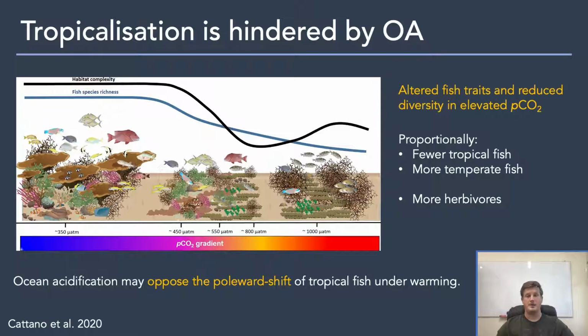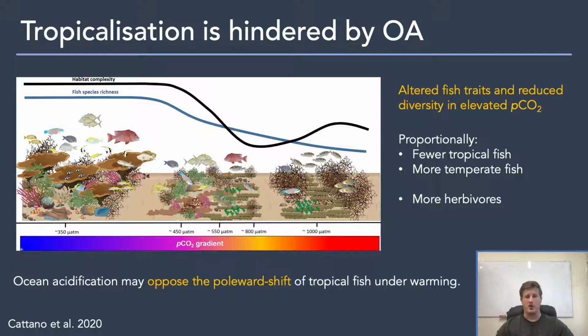Now, one of the other consequences of this change within the habitat was the associated fish communities. So along with some other work, we assessed how the fish communities would change over the pCO2 gradient, and overall we found that there was a reduction in the diversity of fish as well as their traits, and that this was predominantly associated with the loss of habitat complexity.